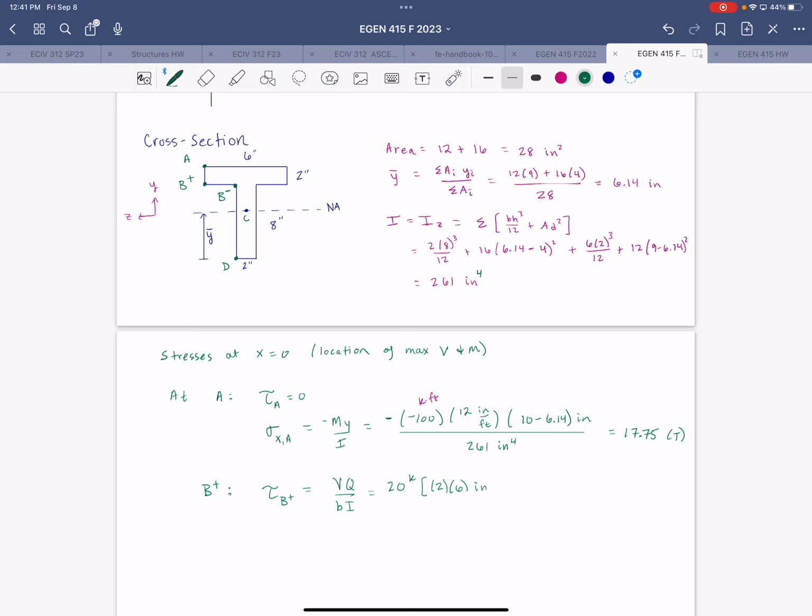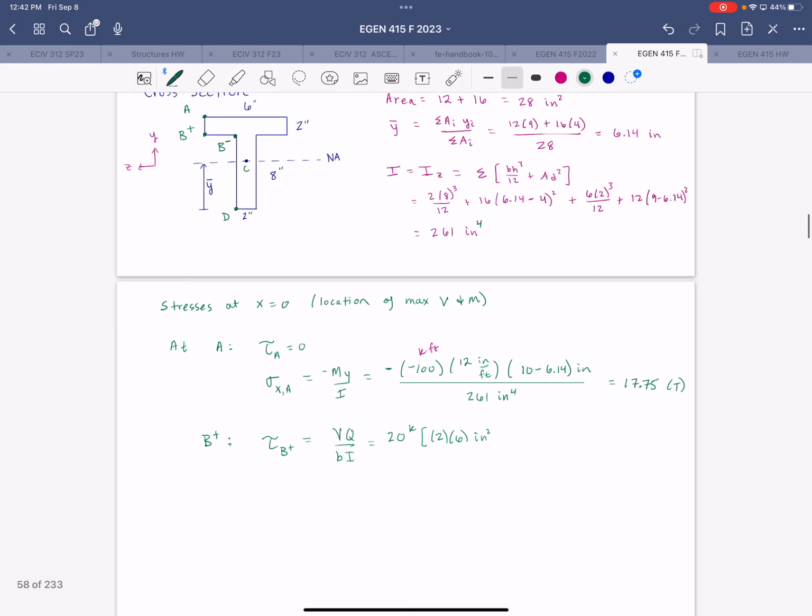All right, inches squared for the area, and then multiply that by the distance from the neutral axis to the centroid of that area, which will be 9 minus 6.14. Taking total depth as 10, this point is 9 from the bottom, and then this is 6.14. Yeah, that's correct.